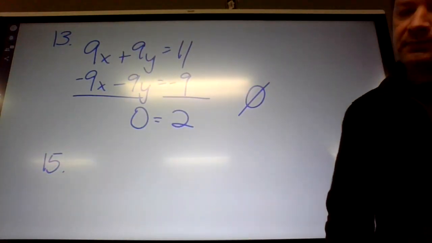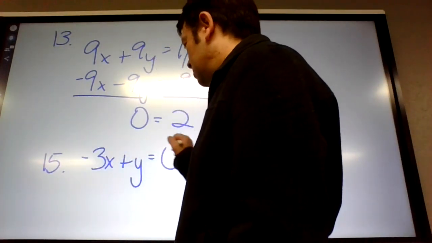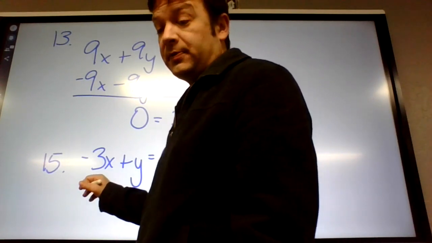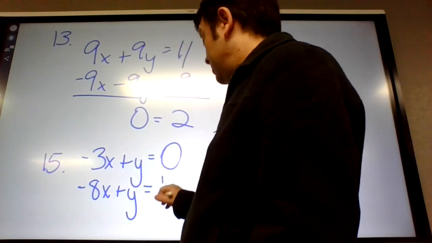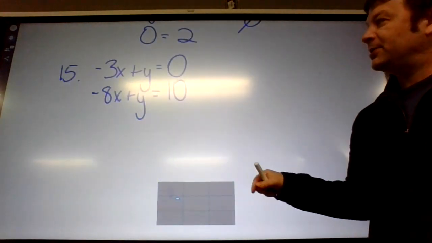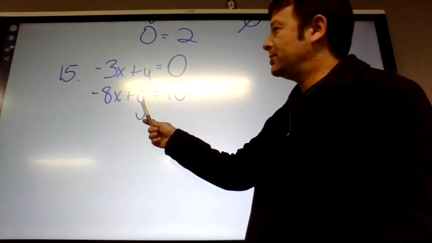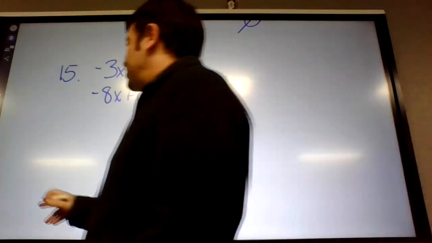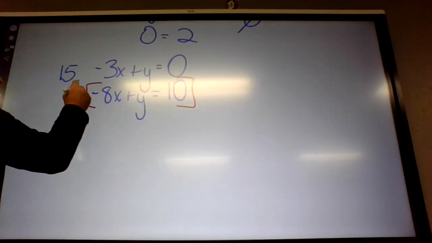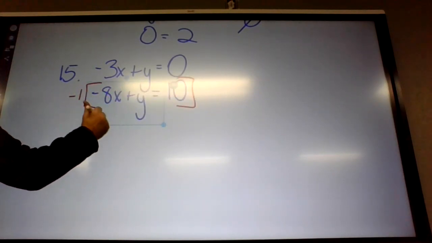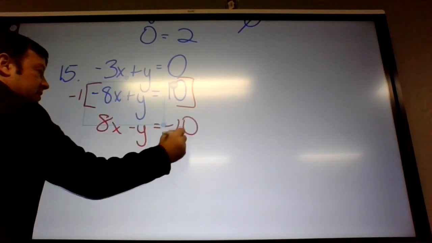Number 15. Negative 8x plus. Okay. Now, if we add these two lines together, will anything go away? No. Y plus y is 2y. That doesn't eliminate. So how do I make them eliminate? Multiply by -1. If I multiply by -1, this line will become positive 8x minus y equals -10.